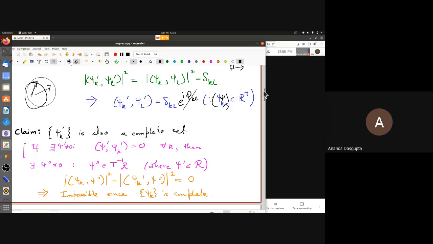Then that component can be found by taking the inner product, right? Psi prime comma psi k prime will give you that coefficient. And so if that were 0 for all psi k prime, the only possibility would be that psi prime is 0. So can psi prime be non-zero and still have an inner product of 0 with all the psi k primes? That of course is possible only if your space is not spanned by the psi k primes.